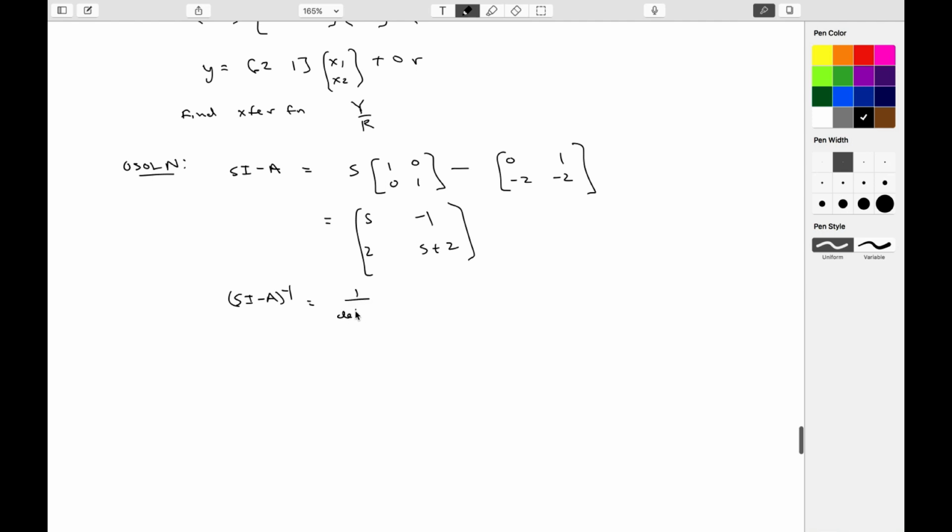So it's equal to 1 over the determinant of sI minus A times, and then what we do is, of course, we're going to switch the on diagonal. So this is going to be s plus 2, and this is going to be s, and then we're just going to change the sign of the off diagonal. So in this case, it's going to be 1, minus 2.